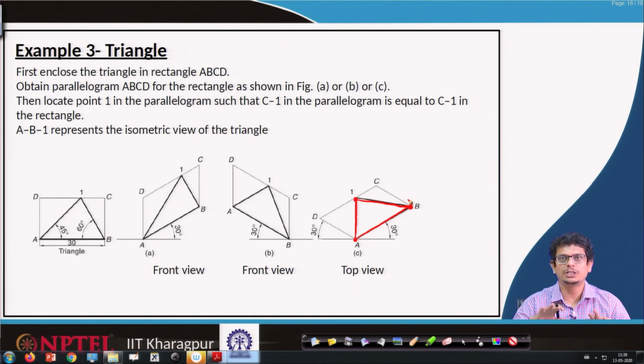So, all about this isometric projection is, if you have an object, you rotate it in such a way that it makes equal angles on both the planes; that is the way we have to construct isometric projections.